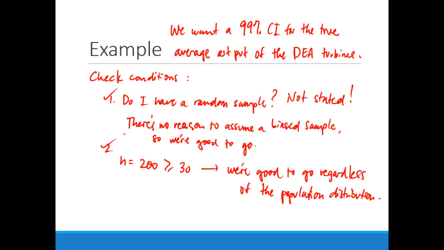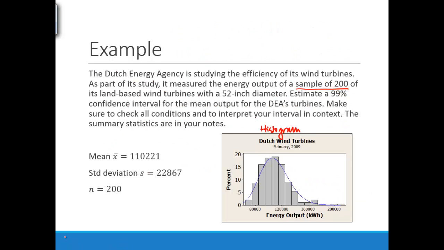Our sample is fine. Yeah, Kevin. Does the central limit theorem mean that if you take more than 200 samples, it will eventually not be skewed? Yeah. So the question was, does the central limit theorem mean that if I take more samples, it will eventually not be skewed? No. The central limit theorem tells us something about the sample mean of our sample, the X bar.